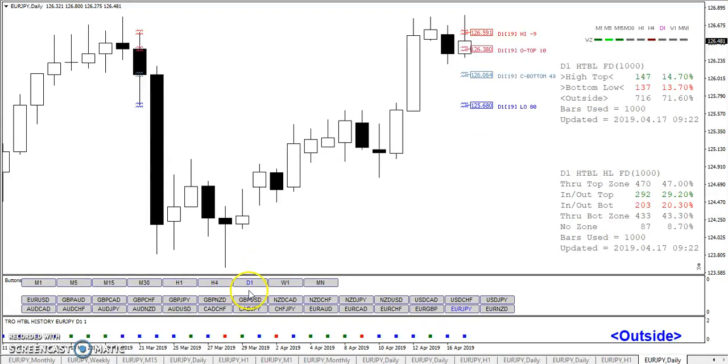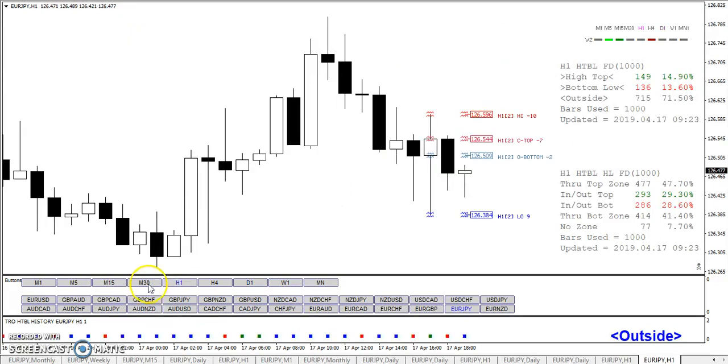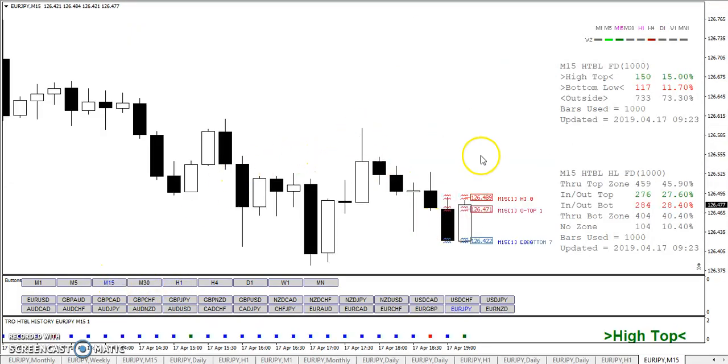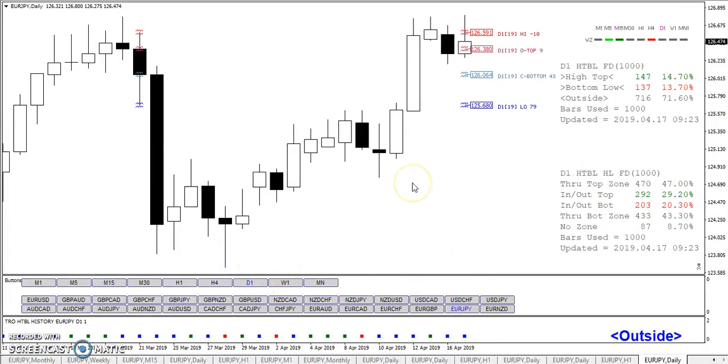But I like to trade the wick zones on the daily, and then you can use the hourly or the M15 for knowing when to take profit. So I hope if you weren't convinced as of yesterday, hopefully this will convince you of the validity of the wick zone trade.